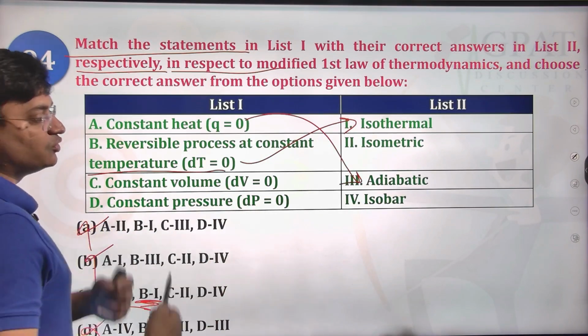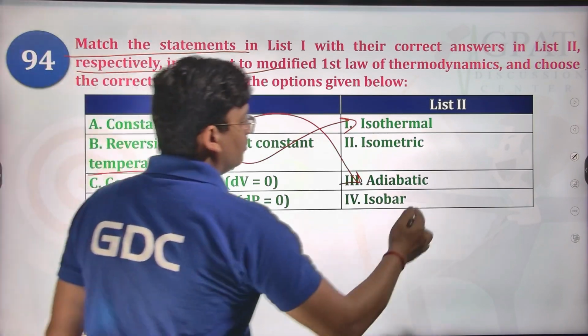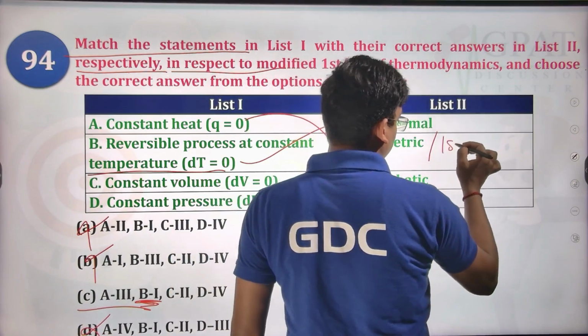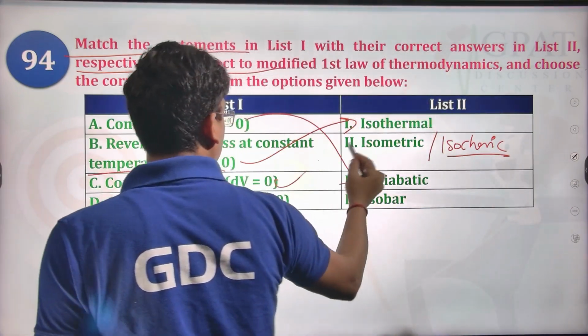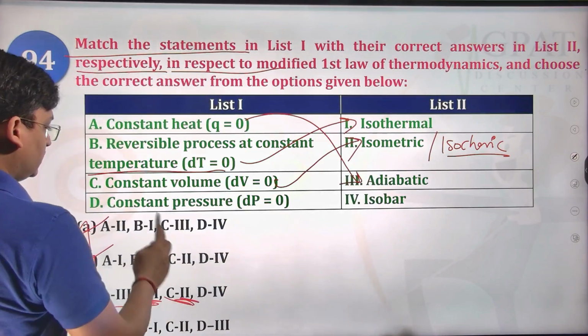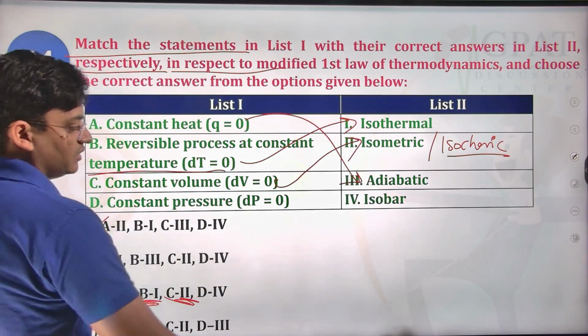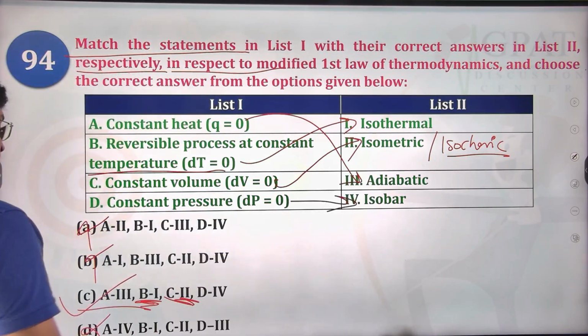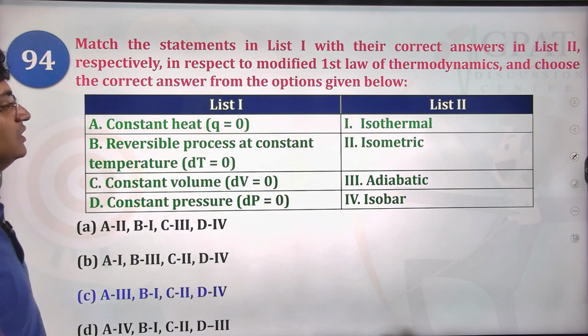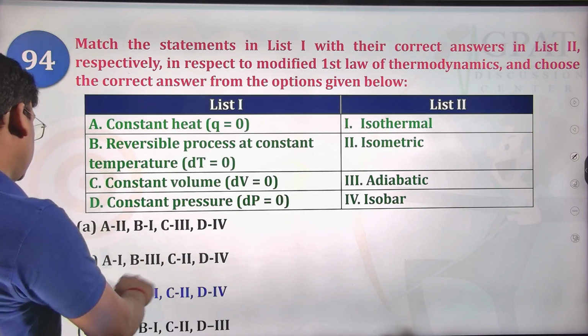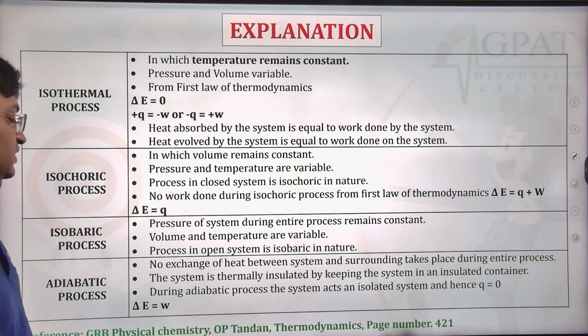Constant volume, that is isochoric or isometric, both of them are correct. So yes, second. All right, C is one. And constant pressure process, that is isobaric. All right, so C is the right answer. C will be the right answer. All list 1 and list 2 are matched and we are getting the right matching sequence in the C option.